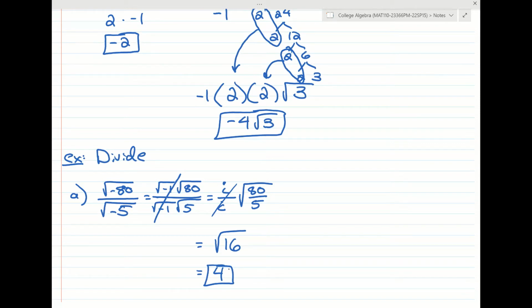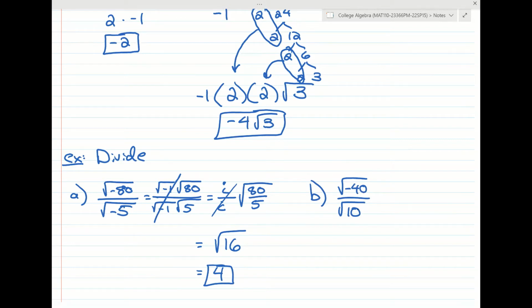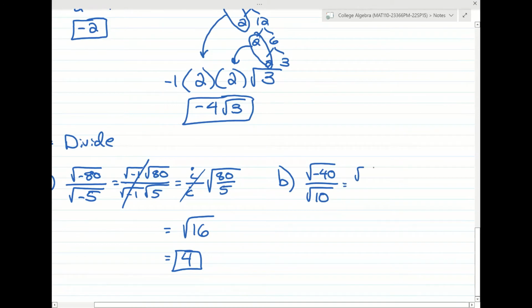Want to do one more like this? What if we had the square root of negative 40 divided by the square root of 10? Both of those radicals aren't negative, so you're allowed to just do negative 40 divided by 10. Or if you just want to be consistent, anytime there's a negative inside, just take out the square root of negative 1.